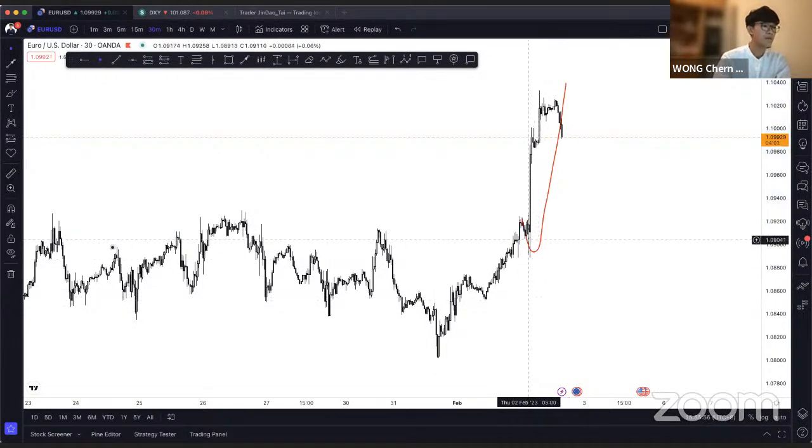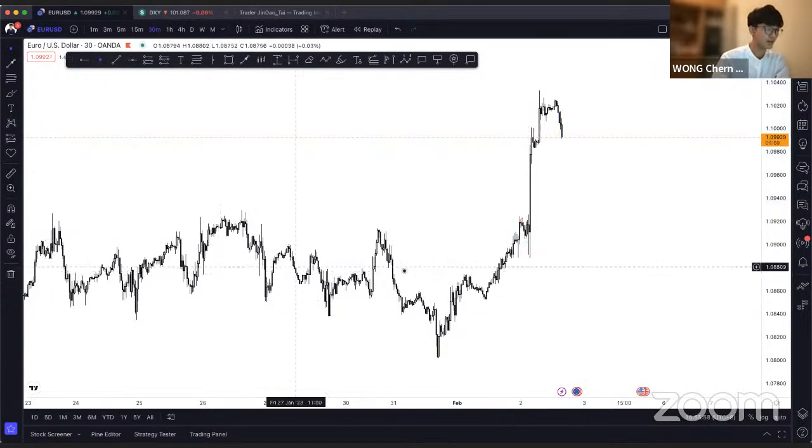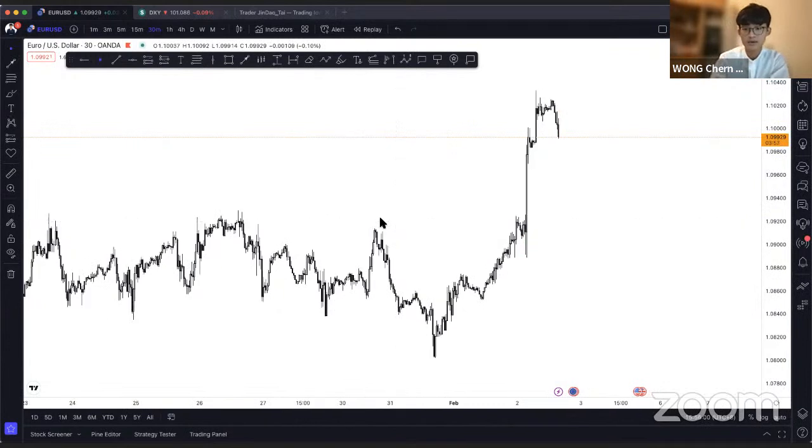Do bear in mind that that is not the end of the news, because we have some very important NFP coming up tomorrow night at about 8:30, 8:30 SGT timing.